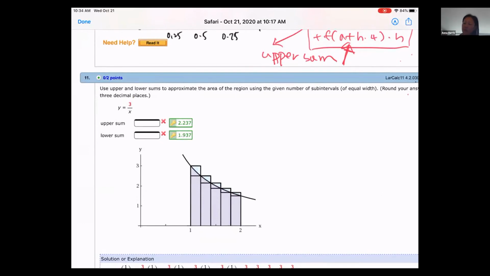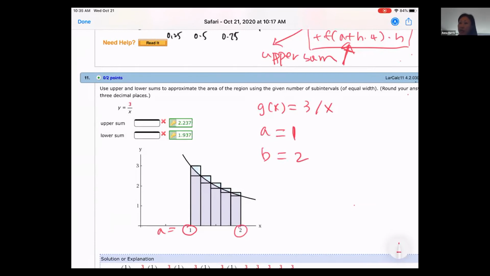Okay, everybody remember, this time I'm going to call it g of x is equal to 3 divided by x. We always have to tell the program what my a is and my b is. What's my a? That's my a, so a is 1. What's my b? 2.